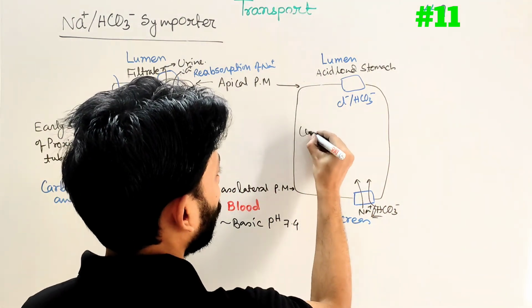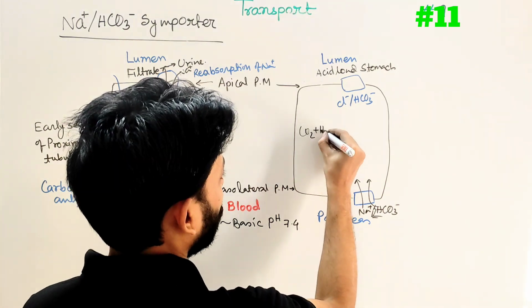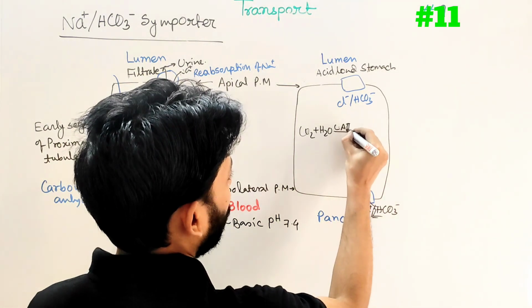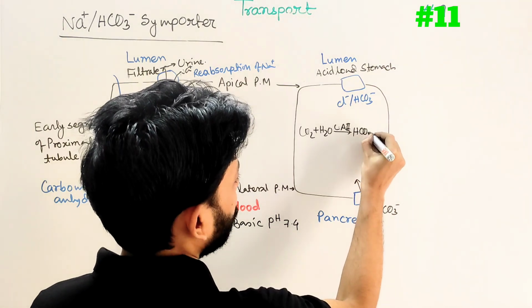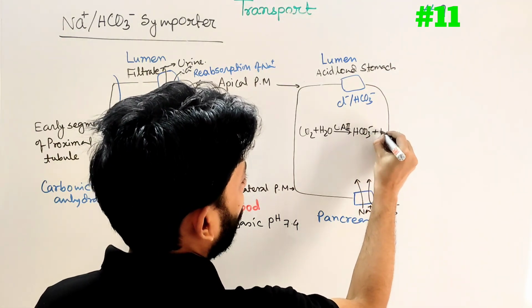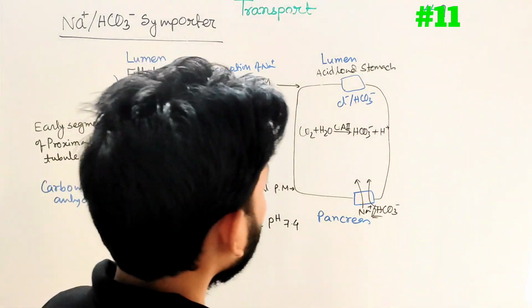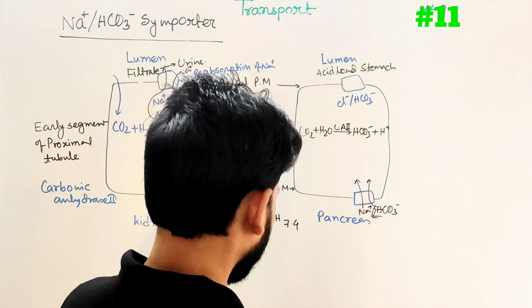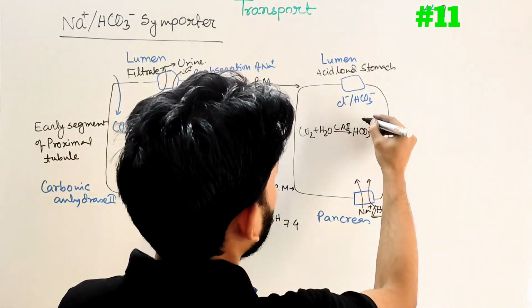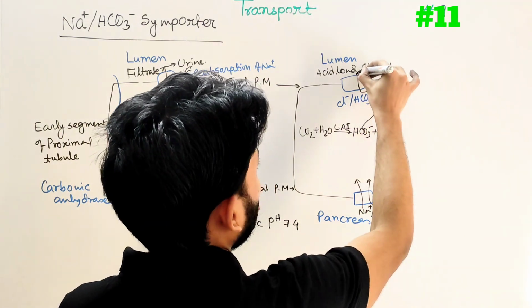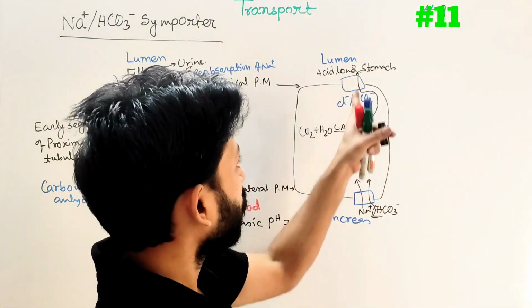Now here also carbon dioxide reacts with water, and through the carbonic anhydrase 2 enzyme, it generates bicarbonate and hydrogen ions. Okay. Now this bicarbonate is actually removed through this chlorine and bicarbonate antiporter to the lumen.